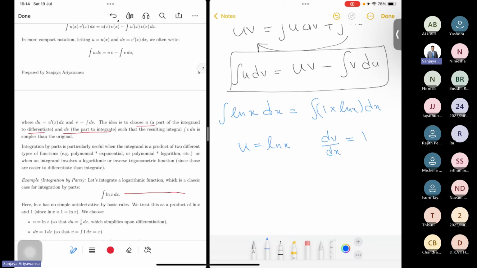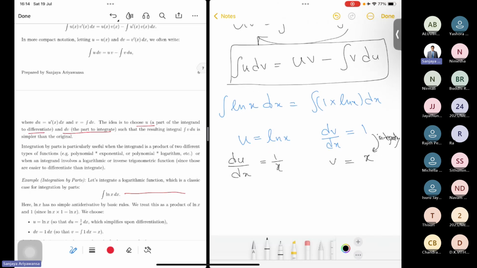When I choose u as log x, then I have du by dx as 1 over x. And over here, I have v, which is equal to x. Why is that? After integrating 1 with respect to dx, I get x. Right.